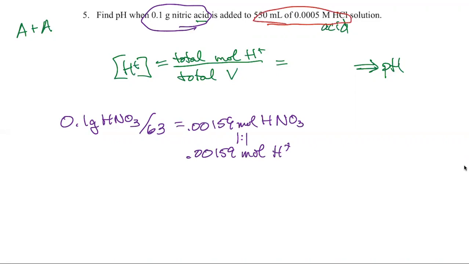Now I'm going to deal with the hydrochloric acid. For this one, I'm going to use molarity equals moles over liters to get moles. 550 milliliters converts to 0.55 liters. I'm going to cross multiply 0.0005 times 0.55.